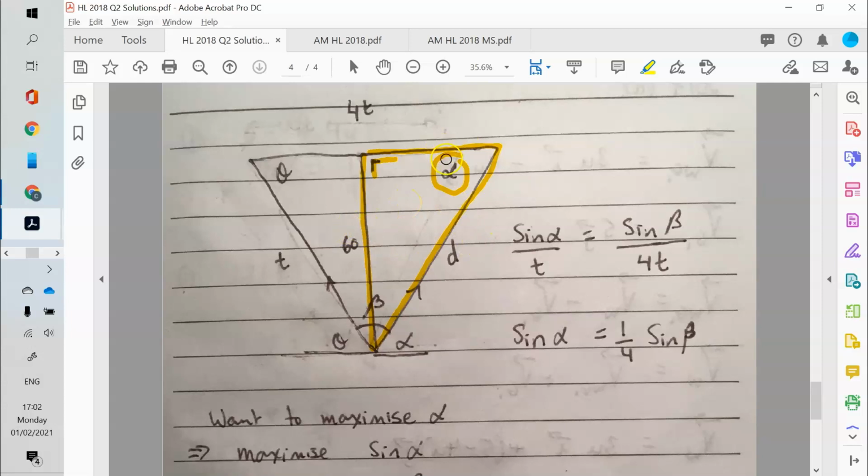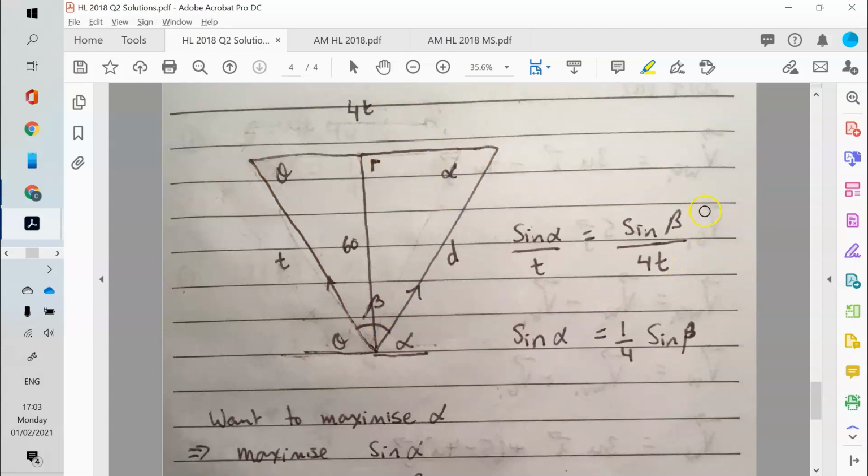But we can also use the sine rule on the full triangle. So on this whole triangle, we can say the sine of alpha over t is equal to the sine of this angle beta over 4t. And those t's should cancel out.